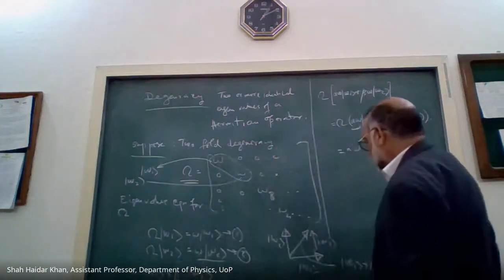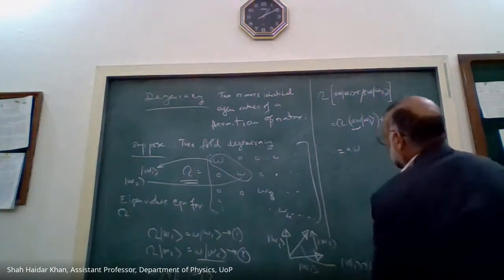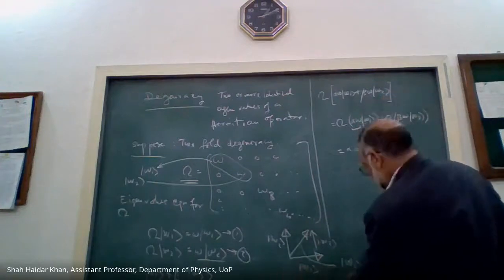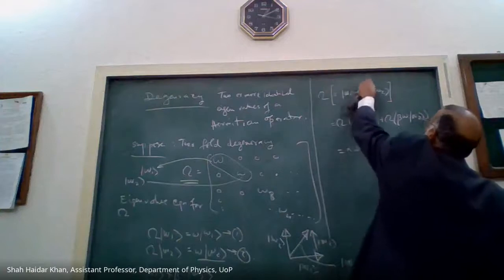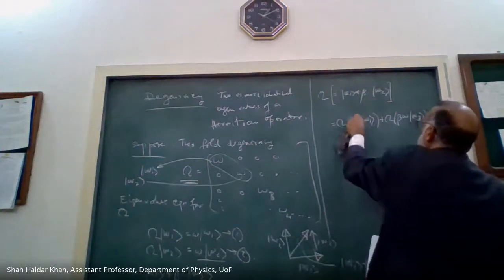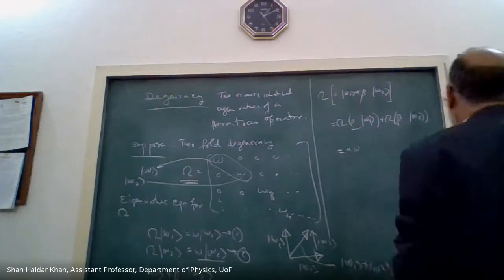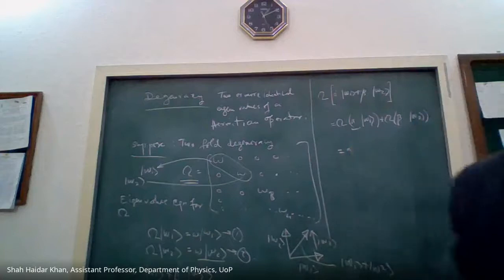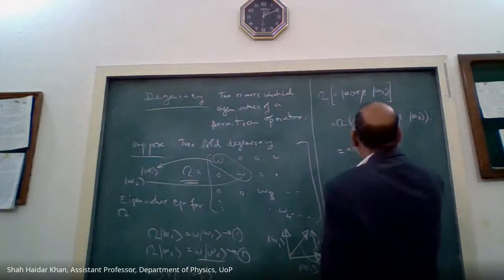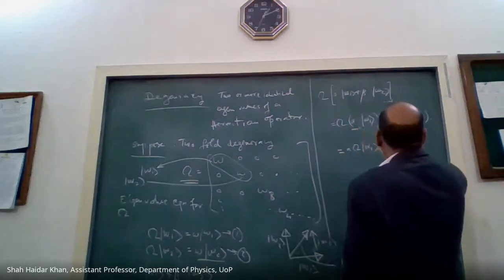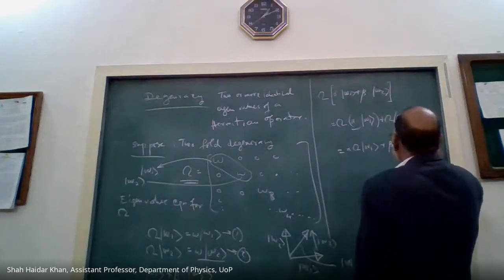Suppose we multiply them with some alpha and some beta, that will be a linear combination: alpha omega 1 plus beta omega 2.